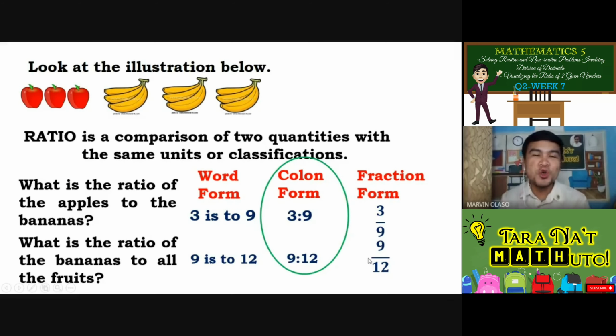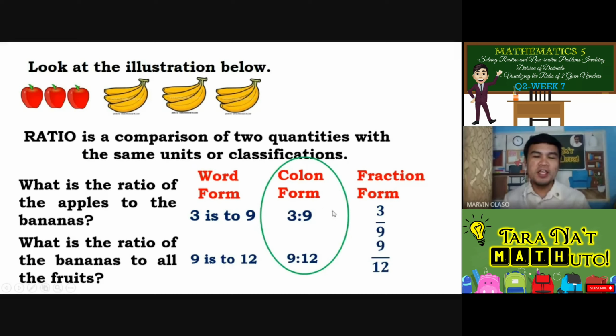So let's use colon form when identifying the ratio. But if the instruction says you have to write it in word form, then you have to write it in word form. Also, if the question says you need to answer in fraction form, then you have to write it in fraction form. But if there is no instruction, just use the commonly used one, which is colon form.